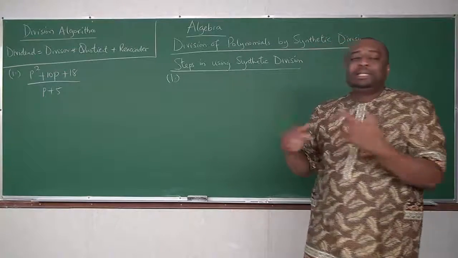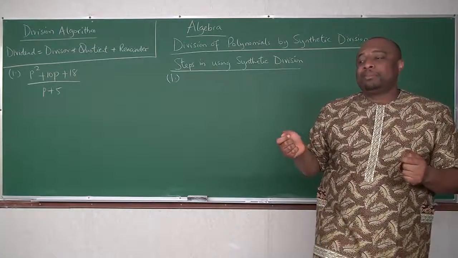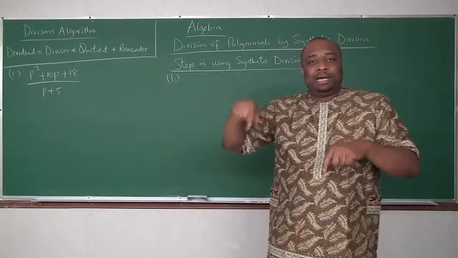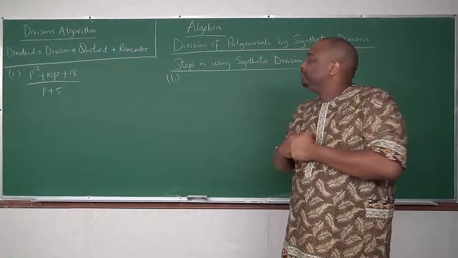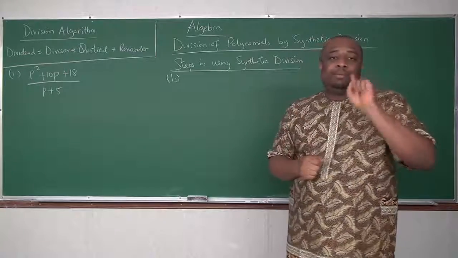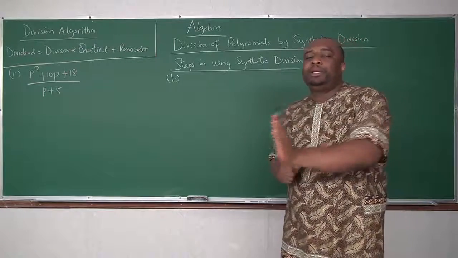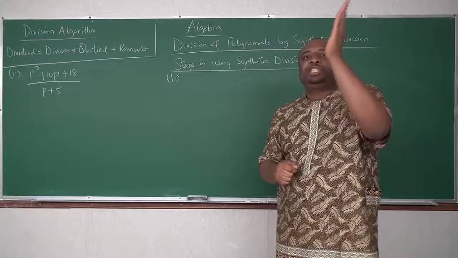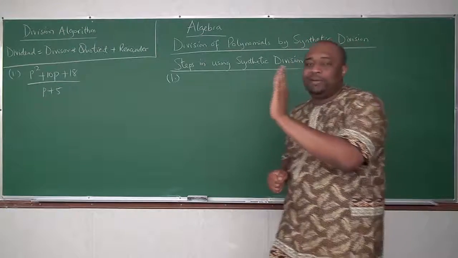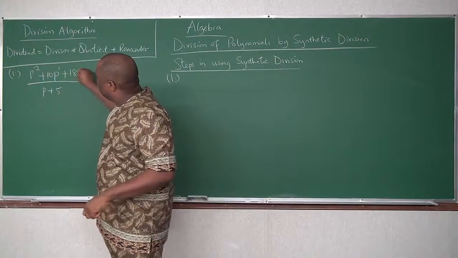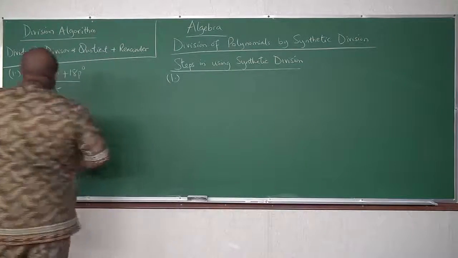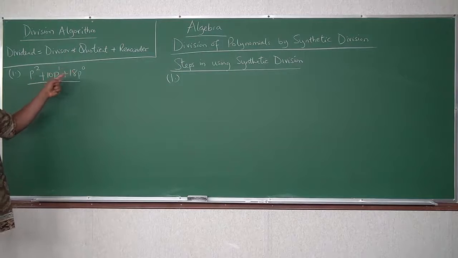We shall look at that scenario in this video. So that is step 1. The dividend should be complete and arranged in descending order of exponents. So this is p squared, this is p to the 1, this is 18p to the 0. It is already arranged in descending order of exponents.